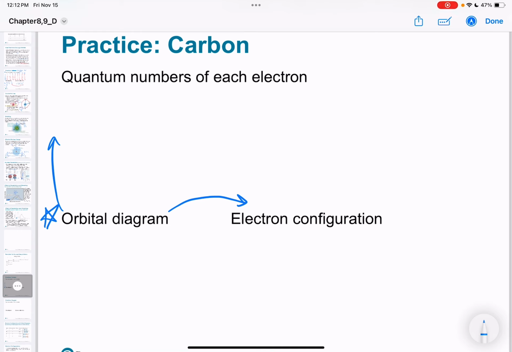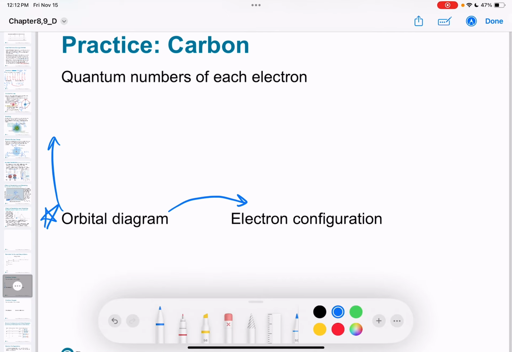This is probably what people still struggle with the most, but just recognize that you're doing a unique set for each electron. The N, L, and M sub L are summarizing the orbital that that electron is in, and then the M sub S is just the spin. Okay? So go ahead and pause the video now, do both carbon and oxygen, and then come back and we'll do those together.